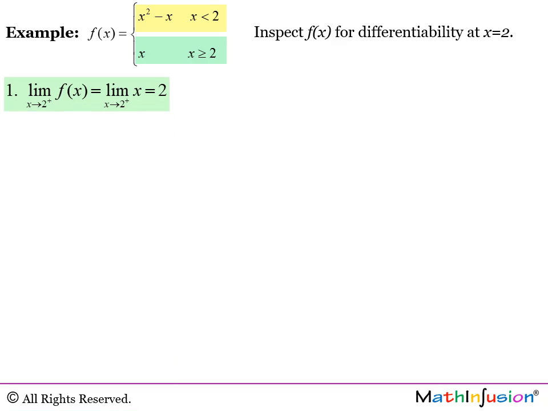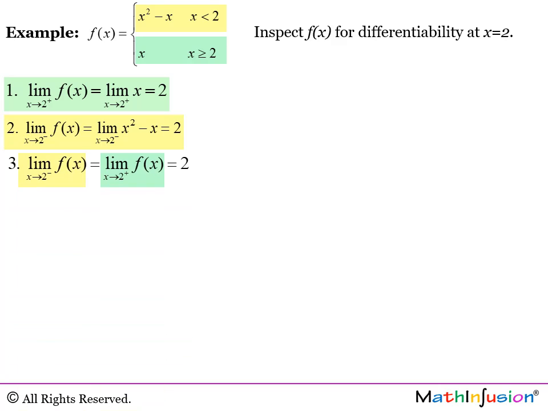Step number 1. The limit of the function from the right of 2 is 2. The limit of the function as x approaches 2 from the left is also 2, because we are using x to the power of 2 minus x. In step 3, we check that the right and the left limits are exactly the same.